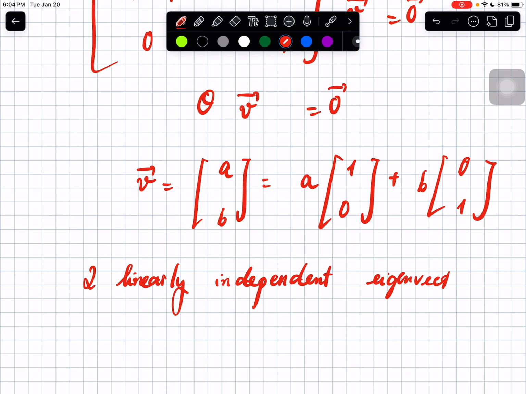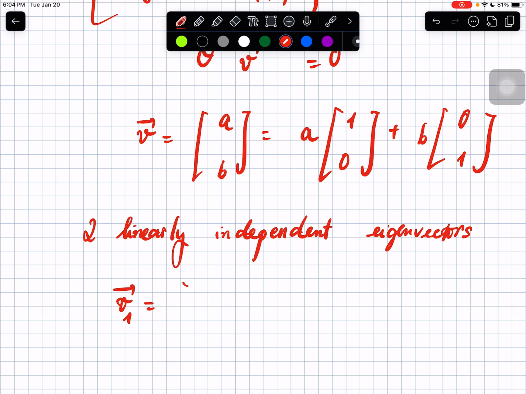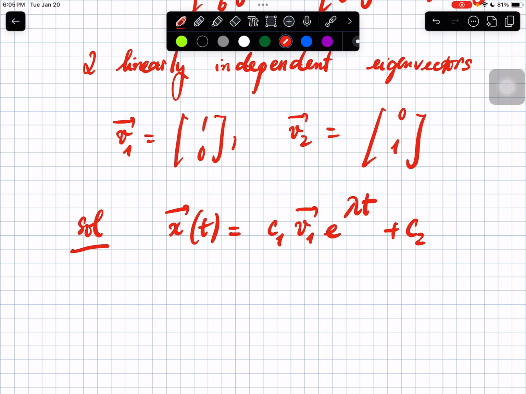Eigenvectors correspond to lambda. The first one, say v1, is (1, 0). The second one, v2, is (0, 1). The general solution is a linear combination of the two eigenfunctions. So say x(t) equals c1 v1 e^(lambda1 t) plus c2 v2 e^(lambda2 t).